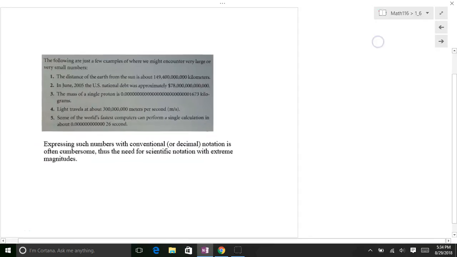So let's start out here. These are some examples of very large or very small numbers. If you have extreme magnitudes of numbers, that's when scientific notation comes in handy.